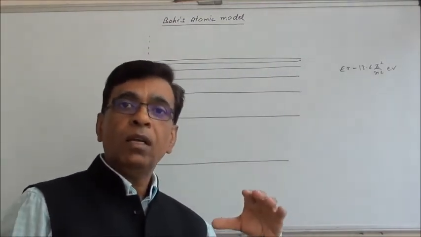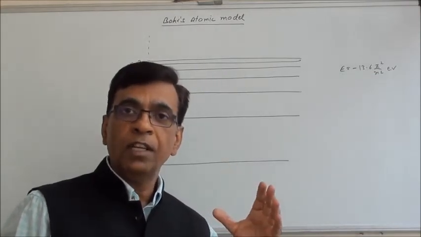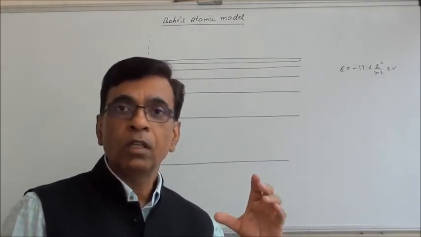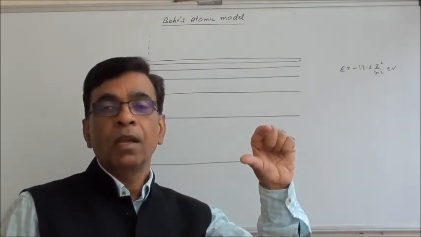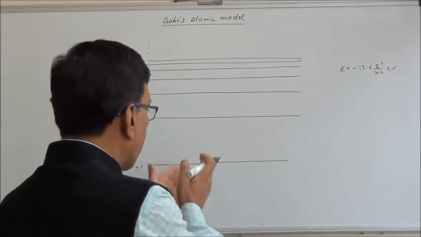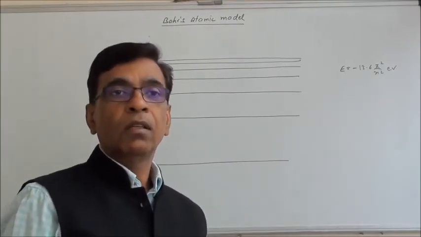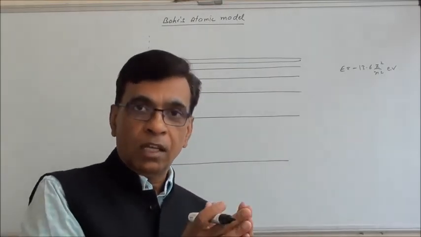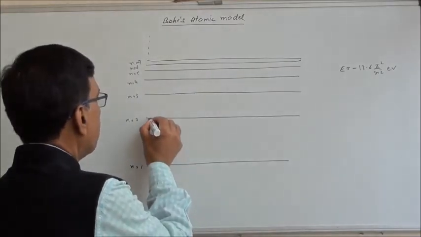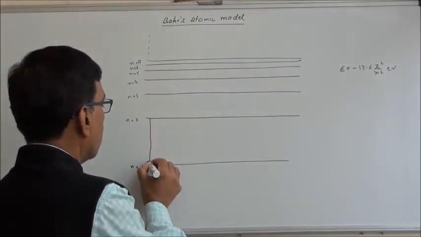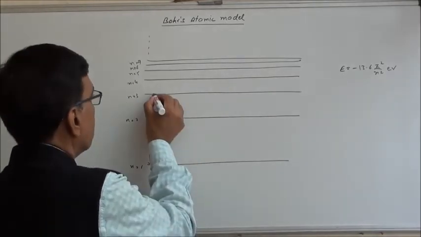Now lambda of the radiations emitted will depend on the two levels between which the transition is taking place. Depending on the final level in which they are coming, this spectrum has been divided into 5 series. If the electron is finally coming to n equal to 1, we call it Lyman series.